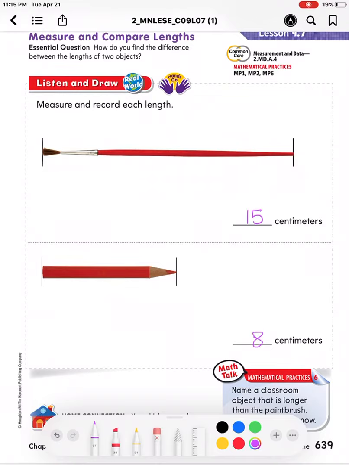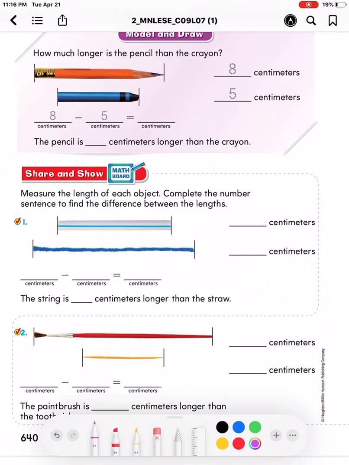Since we are measuring how much longer is the pencil than the crayon, here we are comparing two objects, which are the pencil and the crayon. So if you measure the pencil, you will find it 8 centimeters. And the crayon is 5 centimeters.